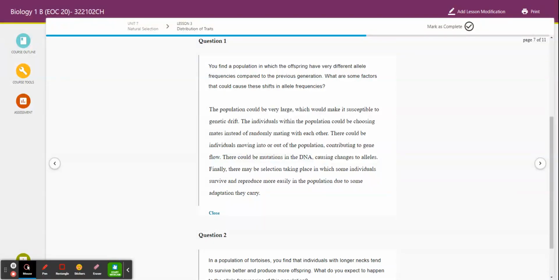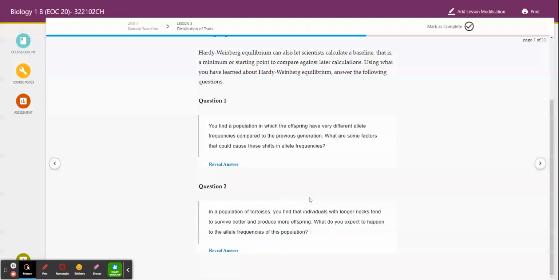The individuals within the population could be choosing mates instead of randomly mating with each other. There could be individuals moving into or out of the population, contributing to gene flow. There could be mutations in the DNA causing changes to alleles. And finally, there may be selection taking place in which some individuals survive and reproduce more easily in the population due to some adaptations they carry.